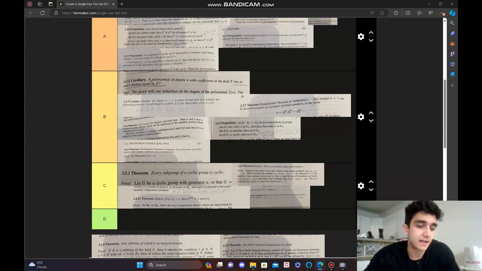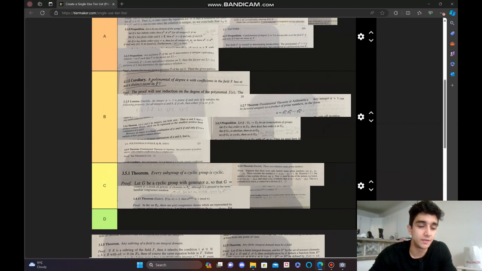So the first one is the fact that any subring of a field is an integral domain. And the second one is any finite integral domain must be a field. So out of these two, I definitely like the second one better. The fact that any finite integral domain must be a field, because that one's a little bit less obvious, maybe.